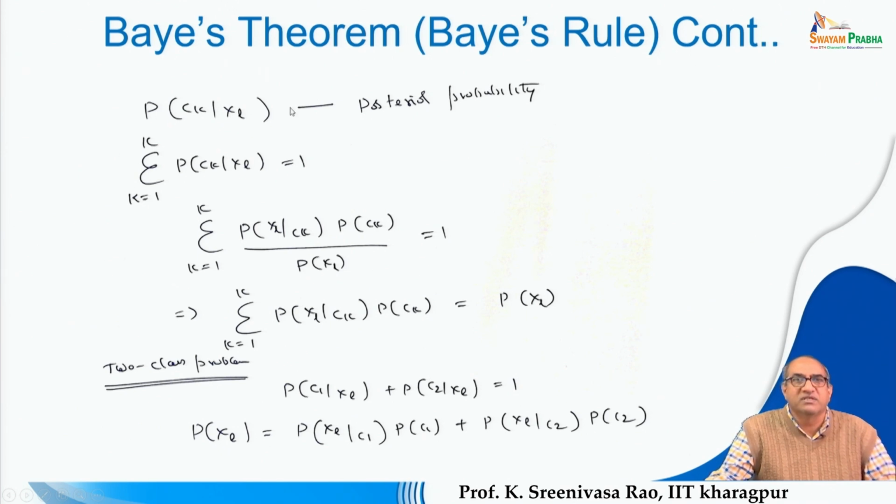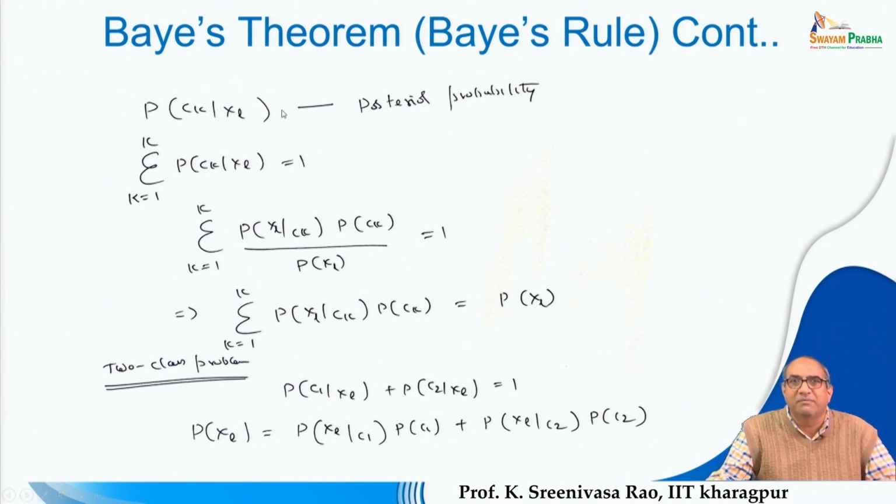This is known as the posterior probability, and it is a probability with respect to each of the classes. Suppose you take a feature vector; it may belong to one of the classes. Each class may claim a certain probability that the feature vector belongs to that class.